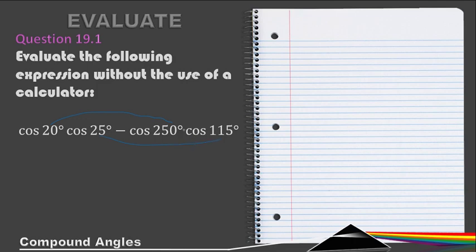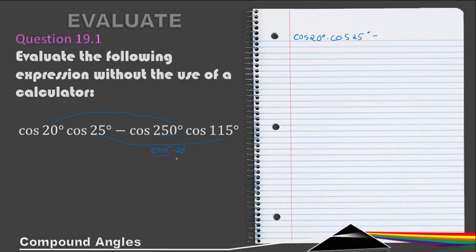Now, what I do know about 250 and 20 is that they add up to 270. So I can change this one. I'm just going to rewrite this cos 20 degrees times cos 25, and then minus, now this one I'm going to change into cos of 270 minus 20. This would then be applicable to the reduction formula, where this 270 changes cos into sine.